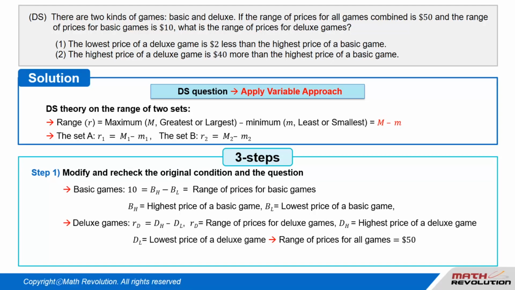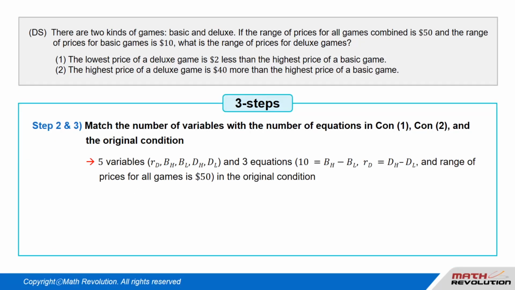Also, R of D equals D of H minus D of L for deluxe games, where R of D equals the range of prices for deluxe games, D of H equals the highest price of a deluxe game, and D of L equals the lowest price of a deluxe game, and the range of prices for all games is $50. We have to find the range of the prices for deluxe games.